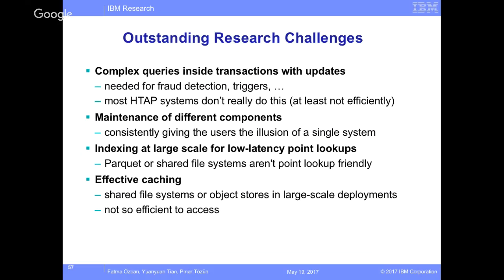The other thing is, except for the last batch of systems, the others depend on maintaining different systems while giving the user the illusion that they are interacting with one system. But these different components are sometimes maintained by a completely different group. Like in the case of Spark-based architectures, Spark keeps releasing different versions all the time. How do you maintain that system while keeping up to date with another system maintained by a completely different group?